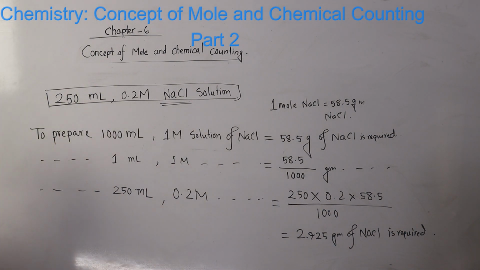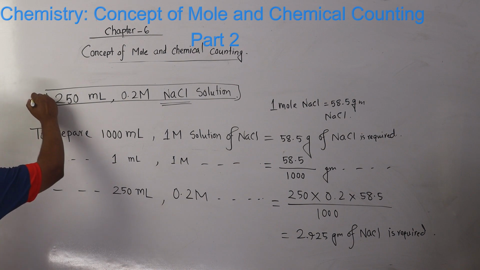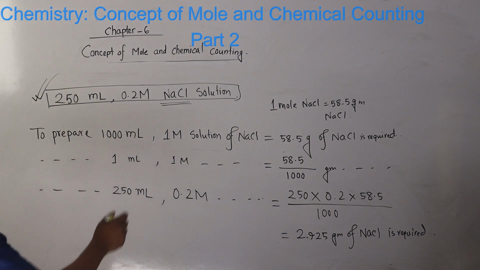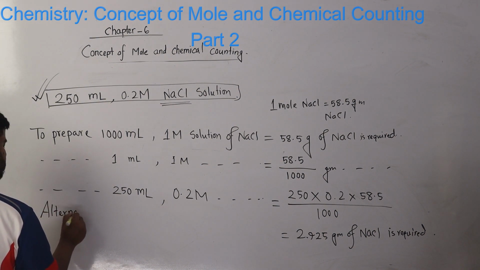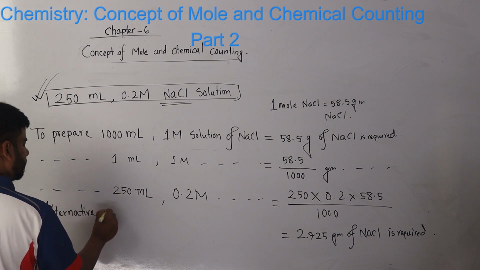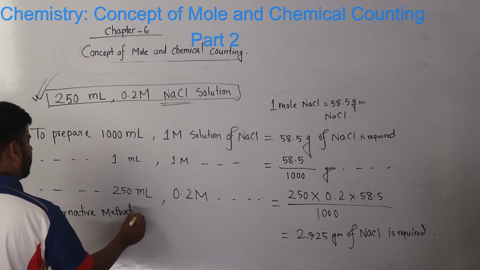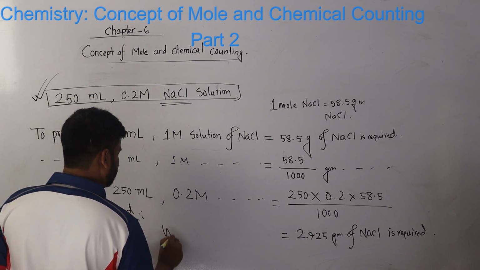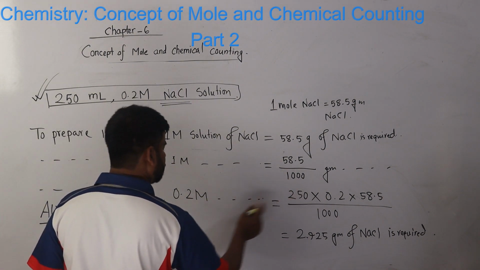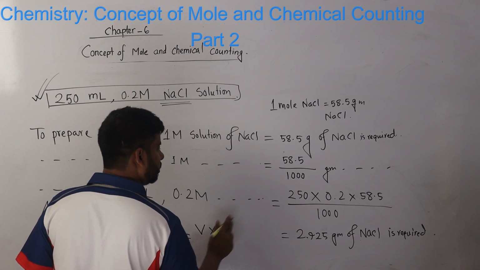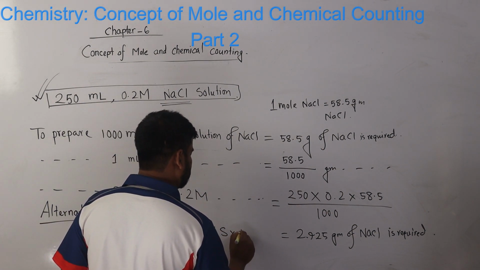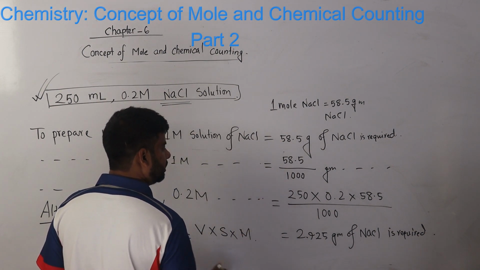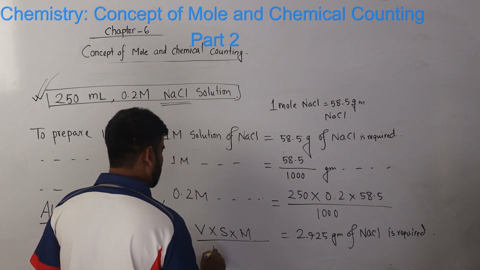We can calculate this amount of solute, that means sodium chloride required, by using an alternative method. We can use the direct formula. So W equals volume into concentration, that means molarity, and molecular mass of the solute divided by 1000.